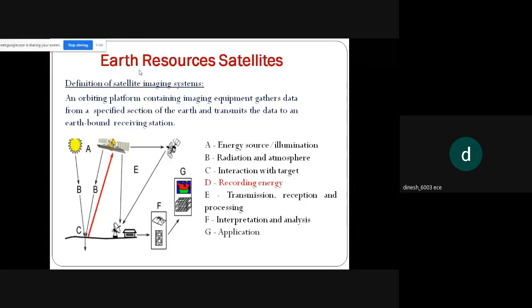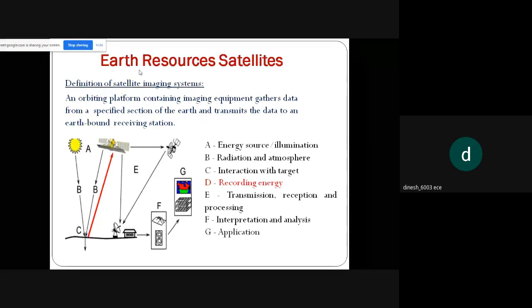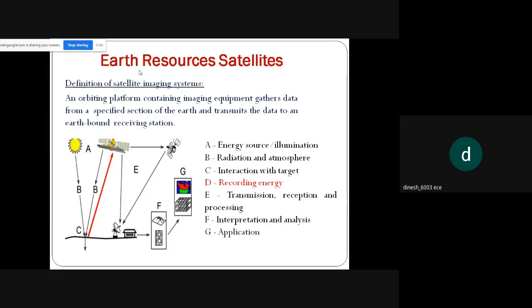So in this, the work of the Earth resource satellites is recording. That is what is highlighted in D, highlighted in red color. So the function of the Earth resource satellite is in D, recording the data of the particular object or target that we want.